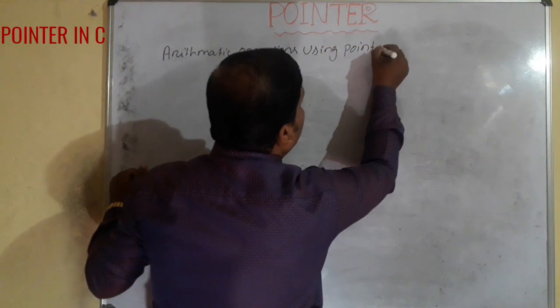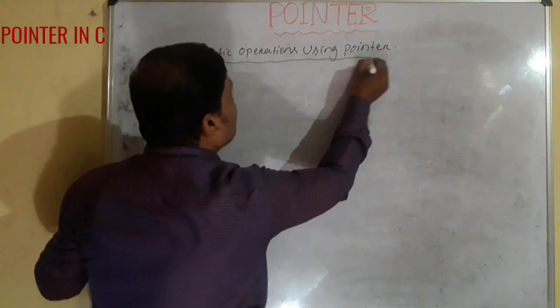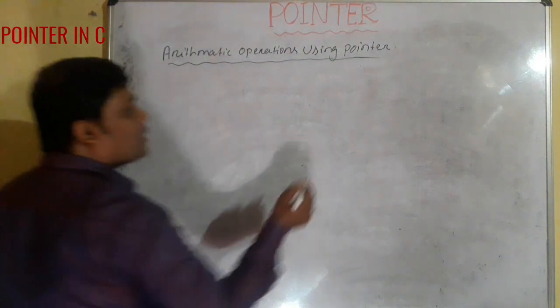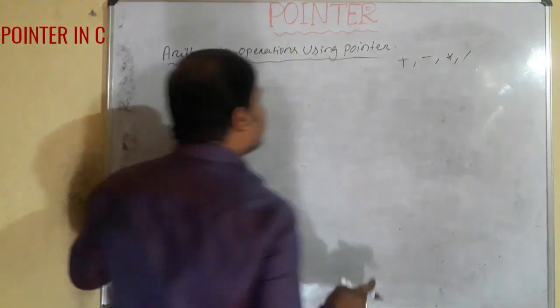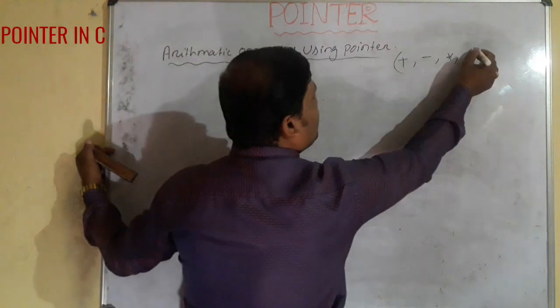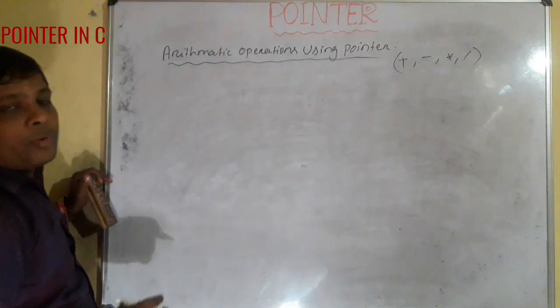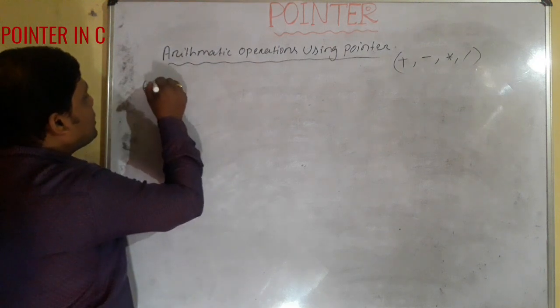How will we do the arithmetic operations using pointer? You know different arithmetic operations like plus, minus, into, division, like this. Clear? So I will use these operations with the pointer. Clear? Take some example.